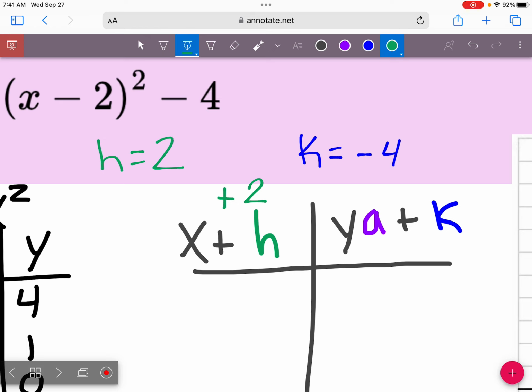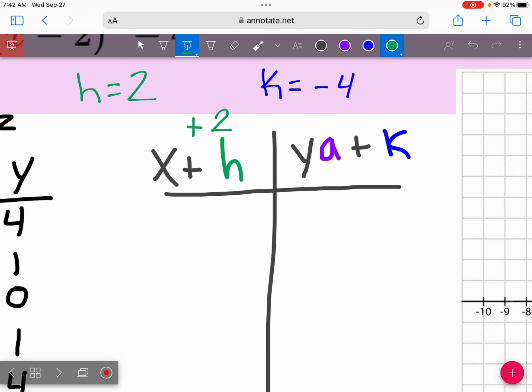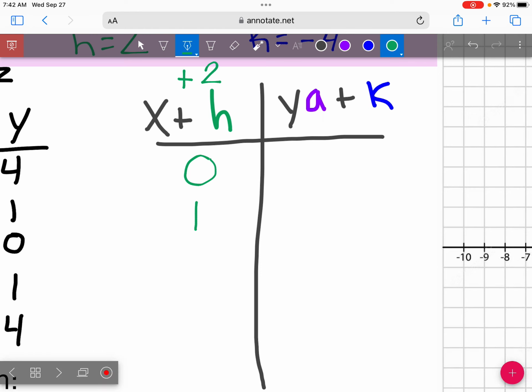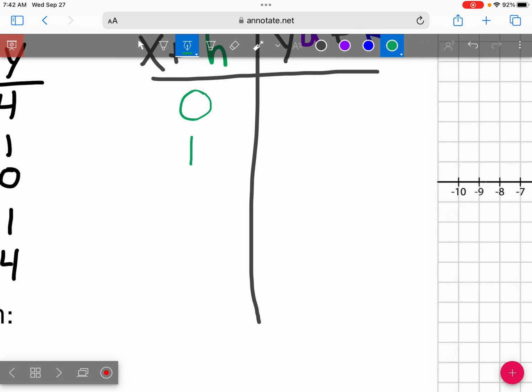X plus h. So when I take -2 plus 2, that gives me 0. -1 plus 2 gives me 1. 0 plus 2 gives me 2. 1 plus 2 gives me 3. And 2 plus 2 gives me 4. I take my x's, I add my h.